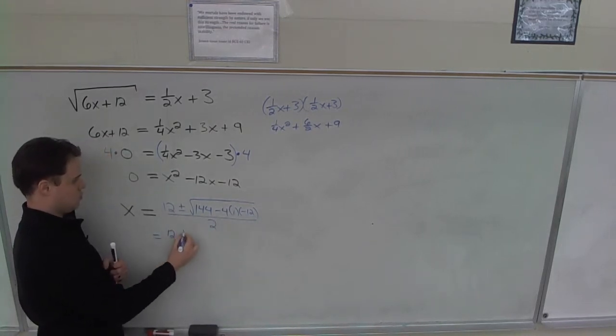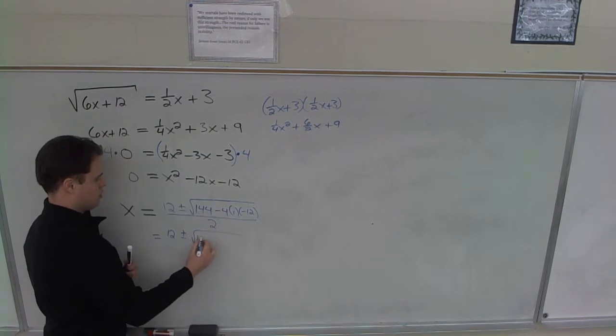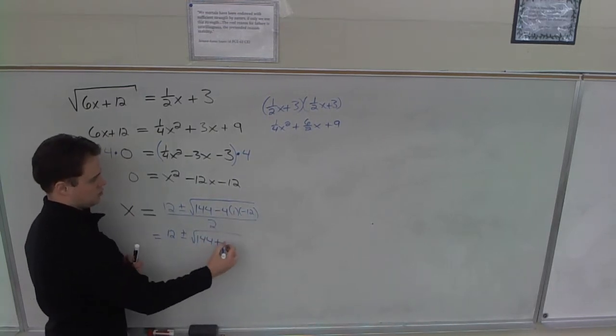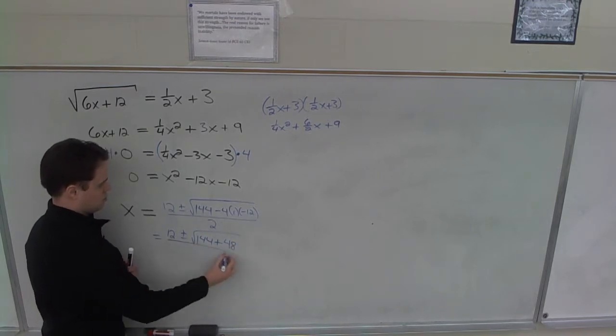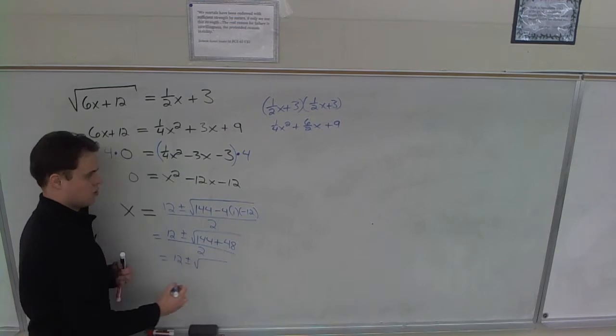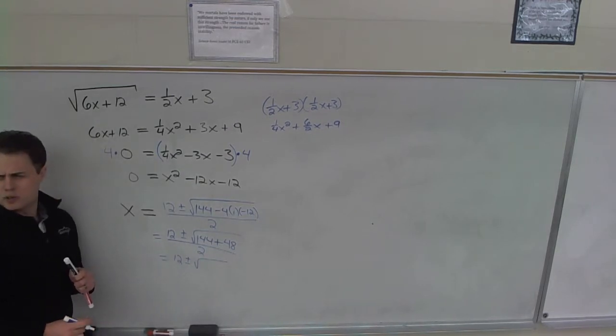So I'm going to simplify. I see a negative and a negative, so that's a positive 48. Let's see, 144 plus 48, that's like plus 50, that'd be 194, so 192.